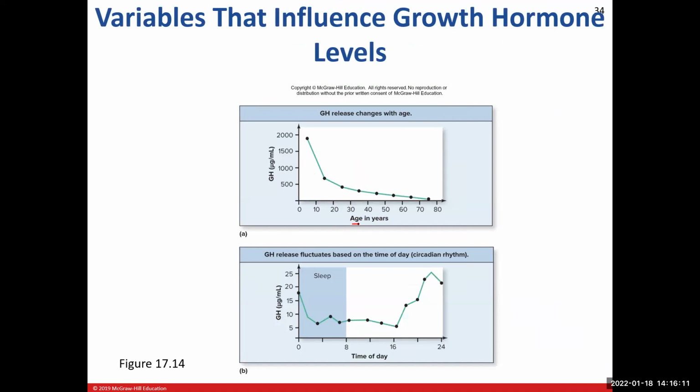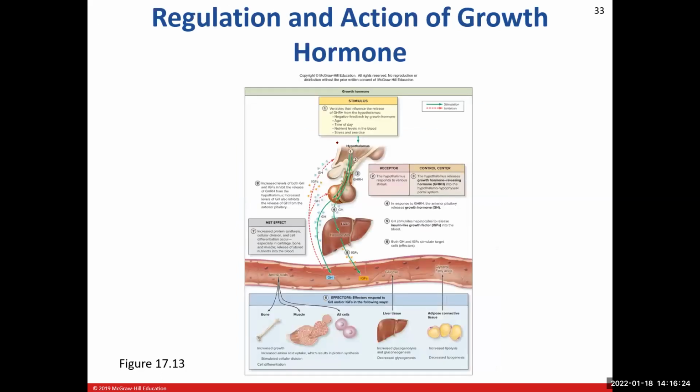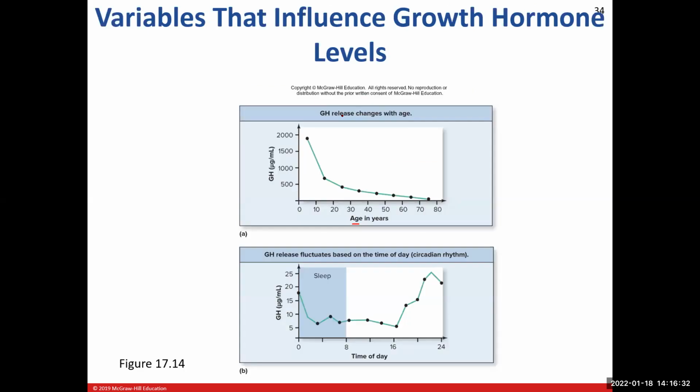But then as we enter into our 20s, it starts to decline. And then every decade after that, it just keeps getting less and less and less. You still produce it, and again, we know why you produce it. It's based on any of these stimuli here. But obviously the one stimulus, age, becomes less relevant as we get older.